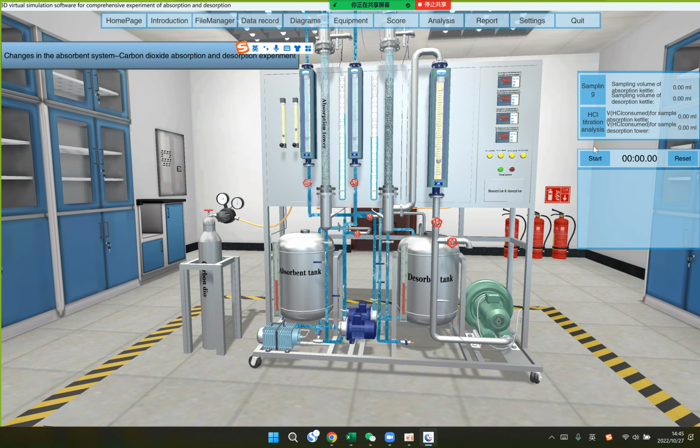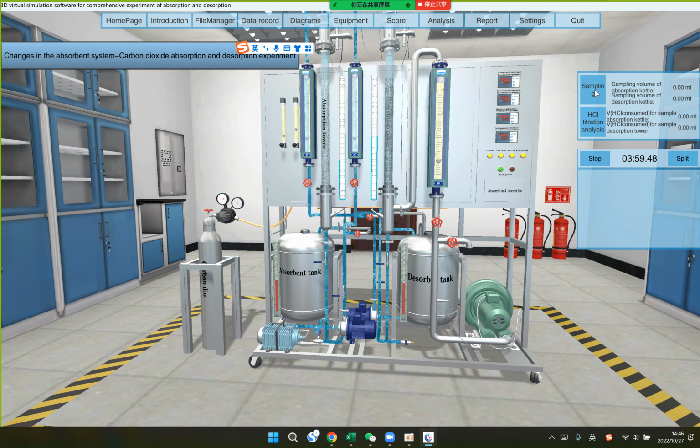Here we start, and here's a timer. You may read from the timer how much time it costs, 20 minutes. However, now because it's only for the sample exam, we will not wait for 20 minutes. Just wait here. That's okay.